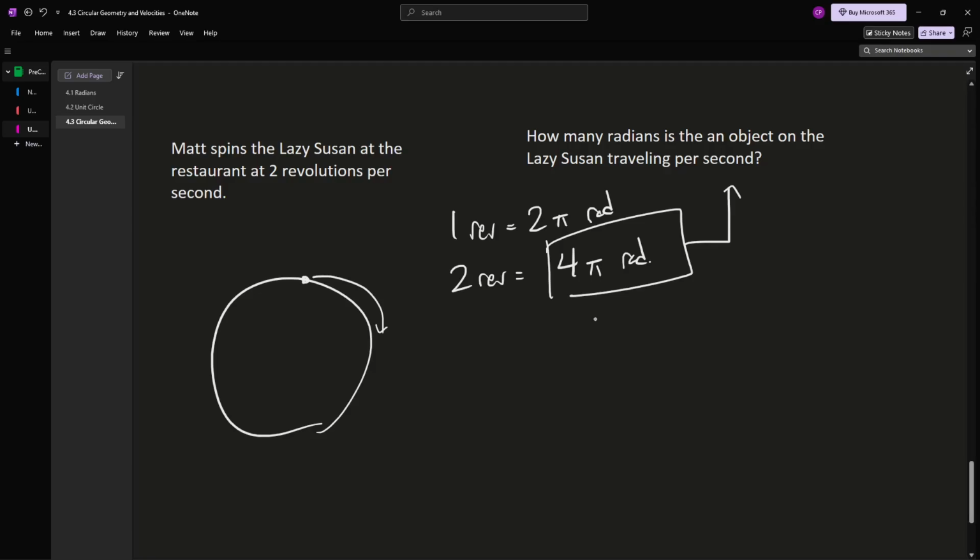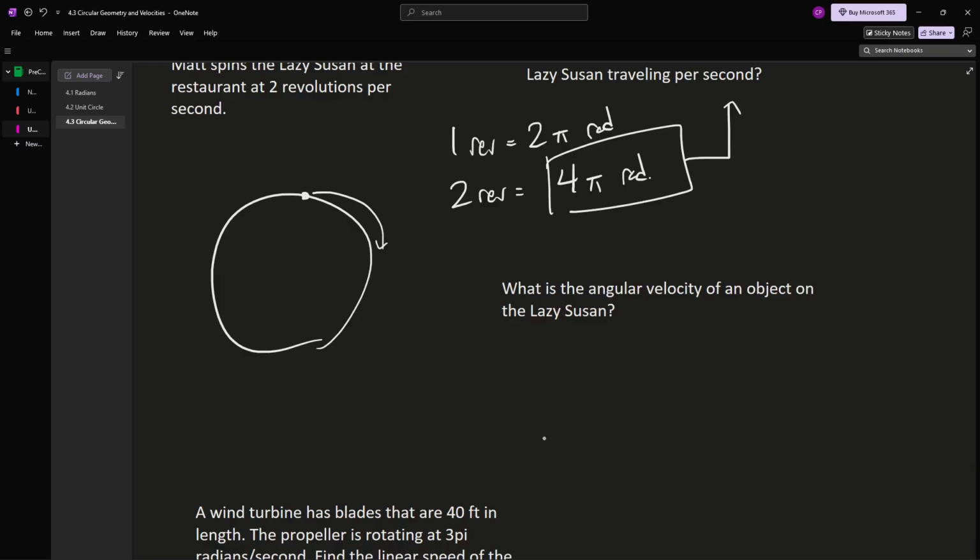And that little bit that we just said is kind of the part that ties it into velocity. So what is the angular velocity of an object on the Lazy Susan? The angular velocity of an object will be omega equals theta over time.